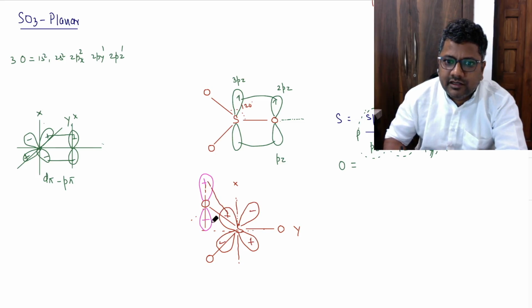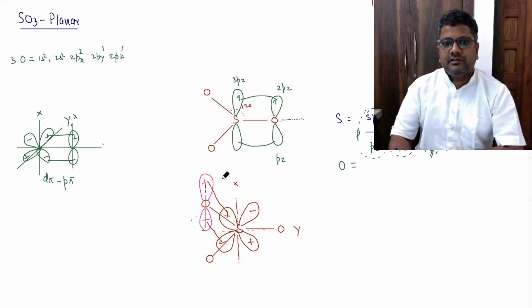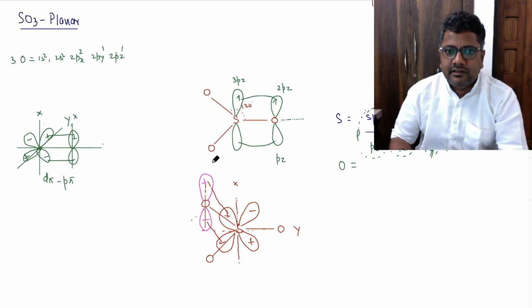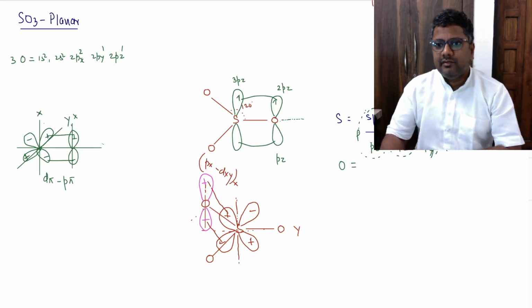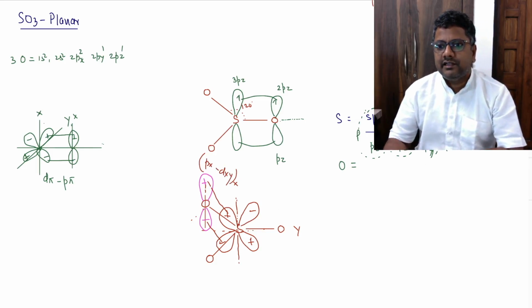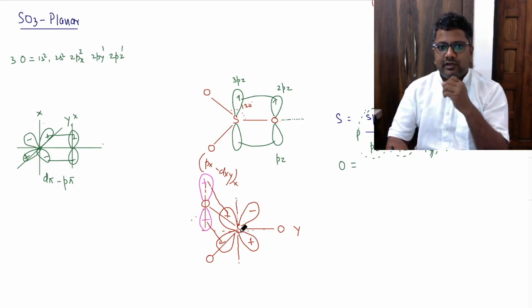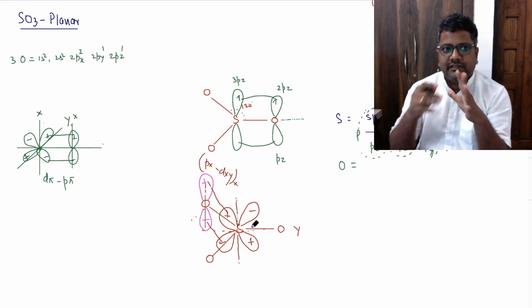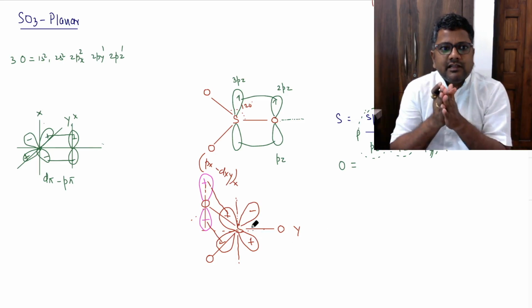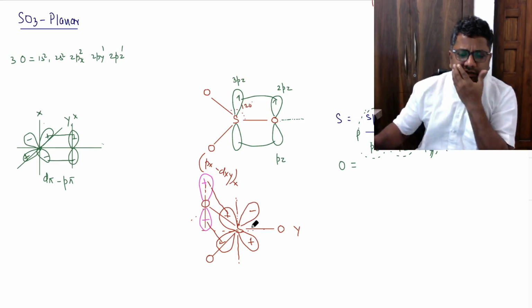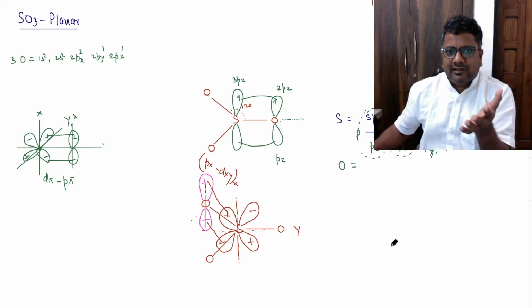So this will form a pi bond. So here px and dxy, px of oxygen and dxy of this sulfur. Similarly dyz and py. Similarly this sulfur will form another pi bond with d, but not required to show here.